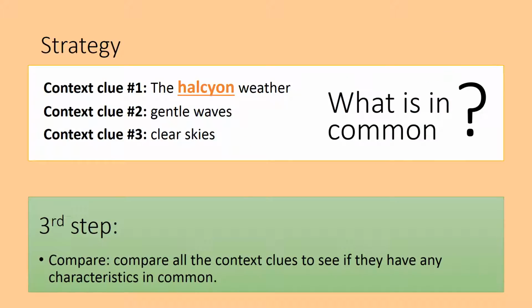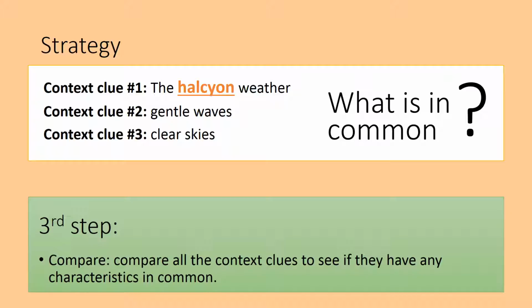The next step is to go ahead and compare all the context clues found and see if they have anything in common. To recap, the first context clue found was that halcyon is a kind of weather. It is an adjective. The second and third were gentle waves and clear skies, which give us a feel of the environment.